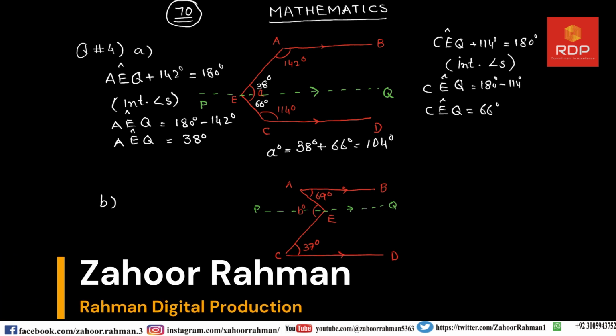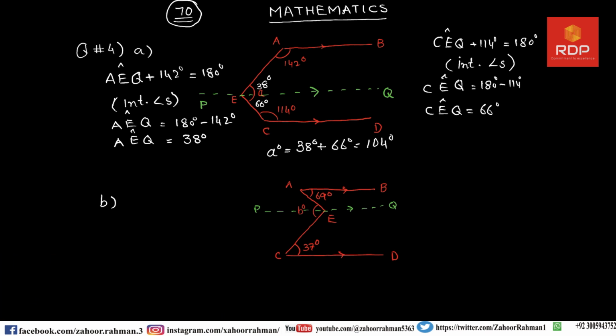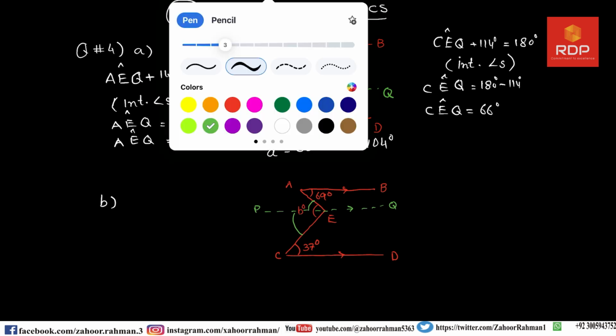Now we have to find first the value of this angle, and then the value of the other angle, and we will add both of them, and as a result we will get the value of B degree.